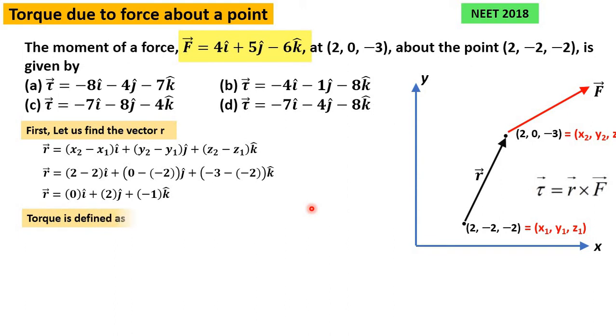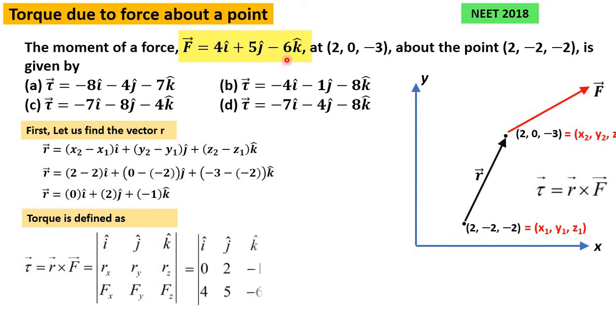Now we can find the torque using the definition. Torque is equal to R cross F, and then we use the determinant method to evaluate this cross product. In the first row we put i cap, j cap, k cap. In the second row we put the components of the R vector, which are 0, 2 and minus 1, and in the third row of the determinant we put the x, y and z components of the force, which are 4, 5 and minus 6.